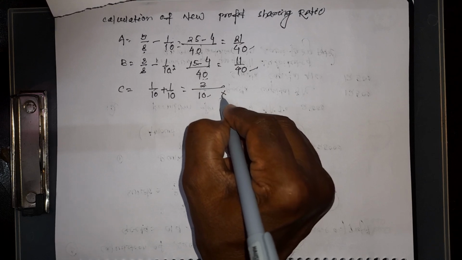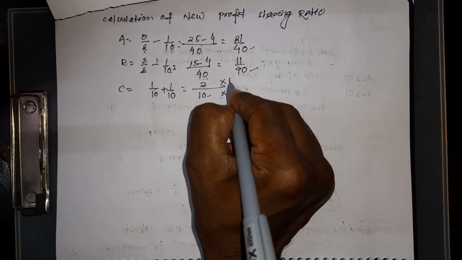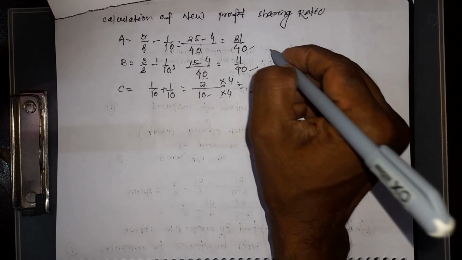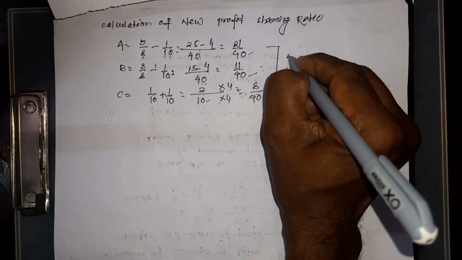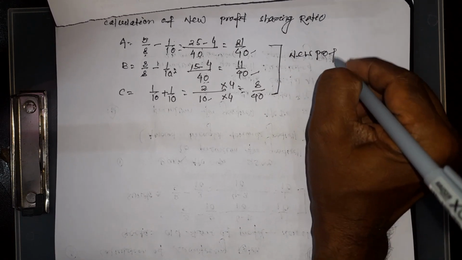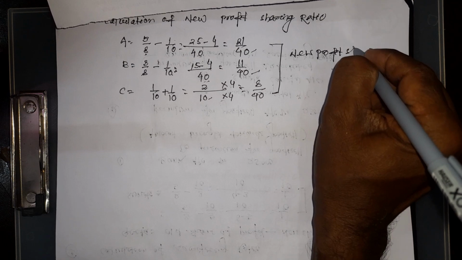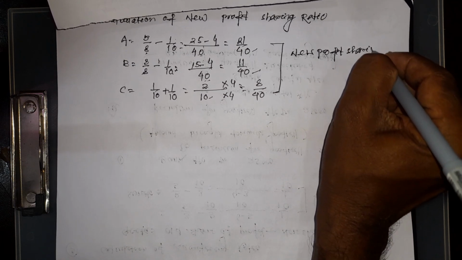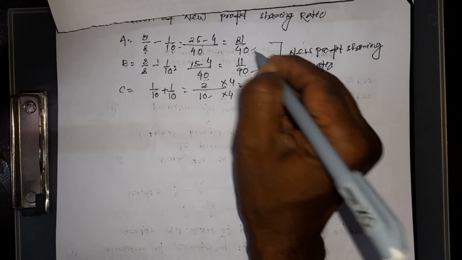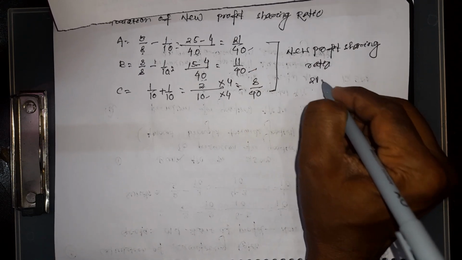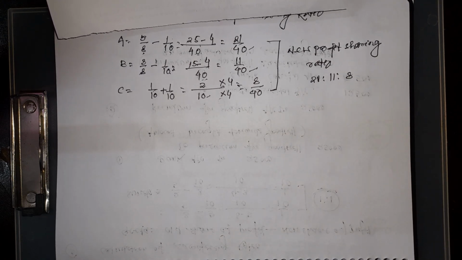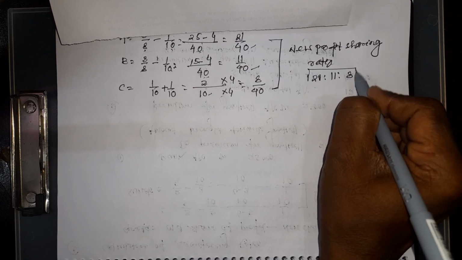So how much you have to multiply it? 4. So it will be 8/40. Clear? So the new profit sharing ratio is 21:11:8. Clear? This is the new profit sharing ratio.